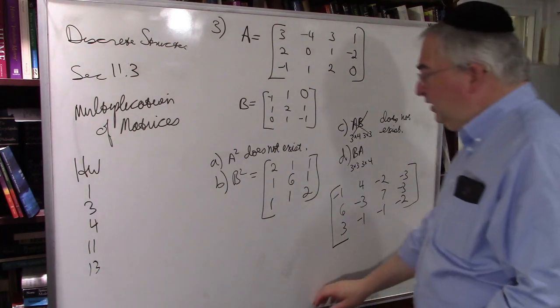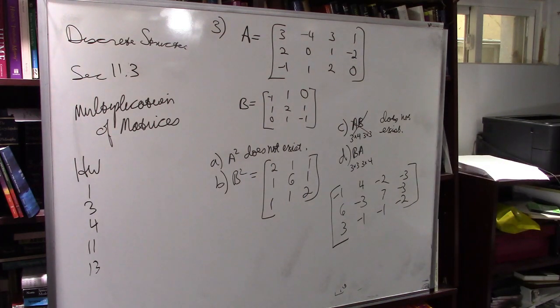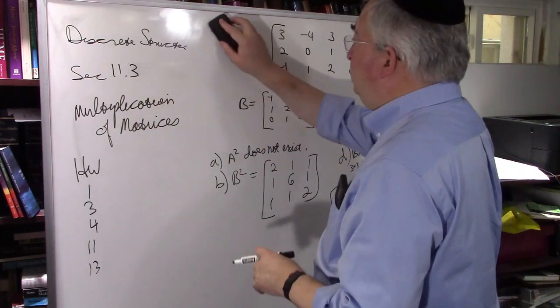Okay, that's 3. Let's do number 4. Don't erase. Number 4. Let A and B and find the following matrices. BA squared. BA transpose. So now we're doing number 4.